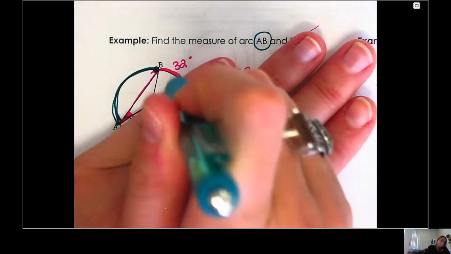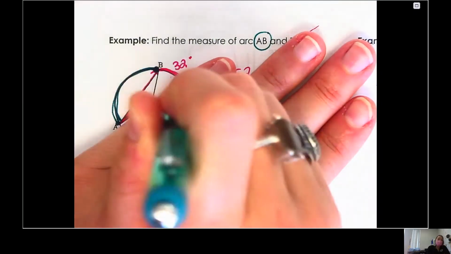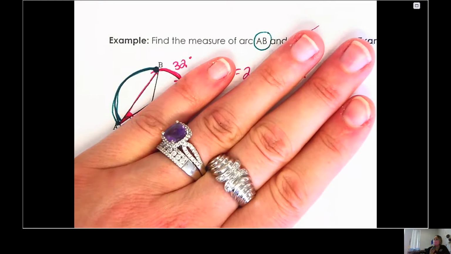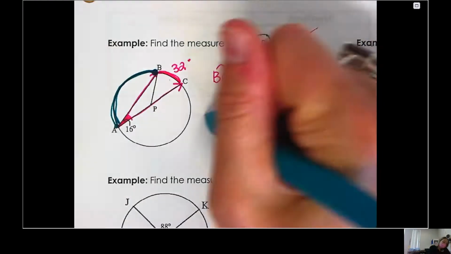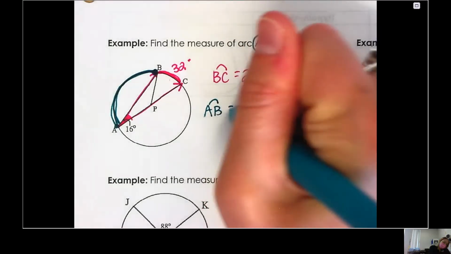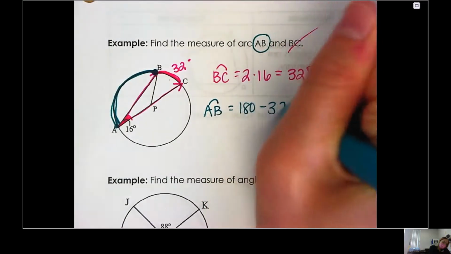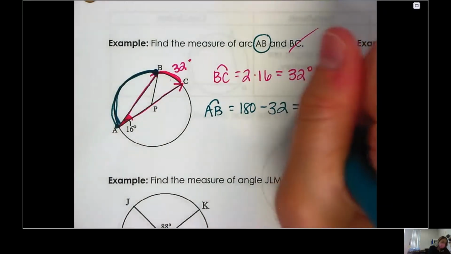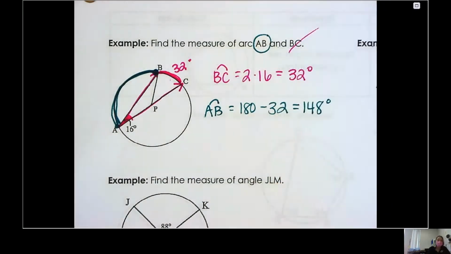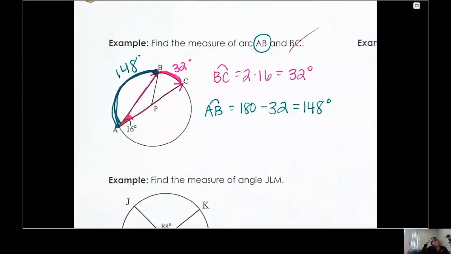You already know 32 of this half the circle, which is 180. So to figure out what's left over, I'm just going to subtract the 32. So to figure out AB, I'm going to do 180 minus 32, and that'll give me what's left over. That's 148 degrees. And guess what? You're done.